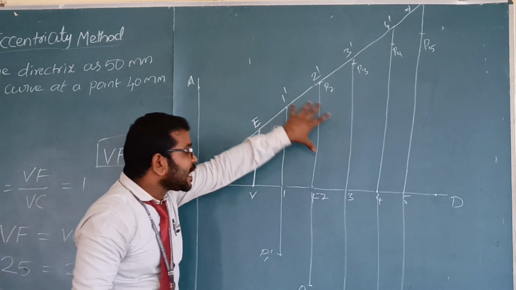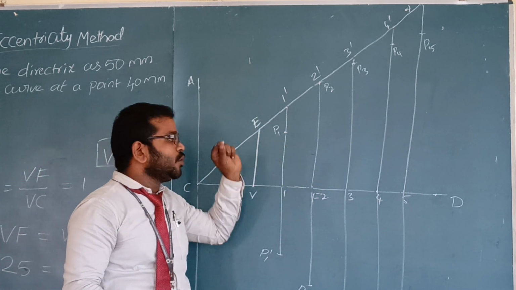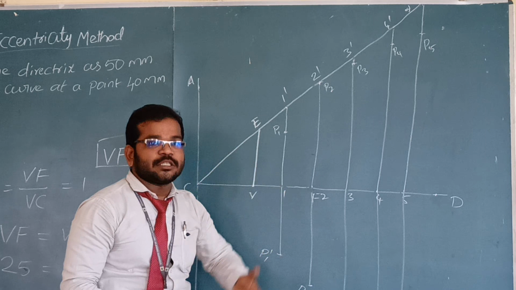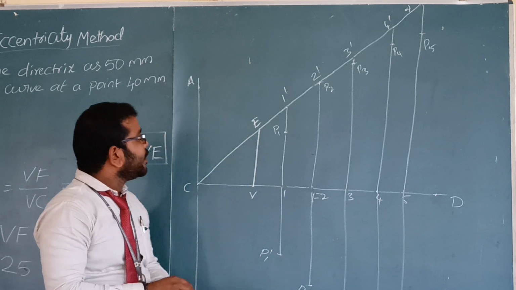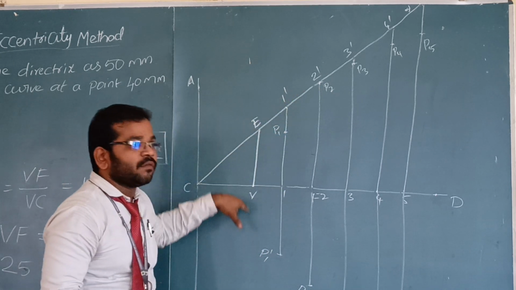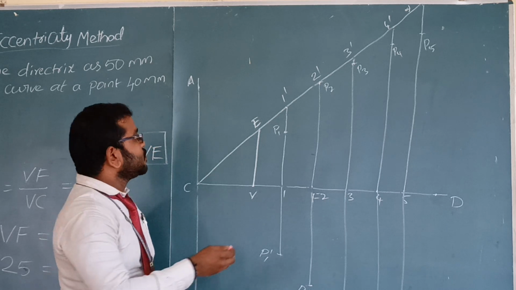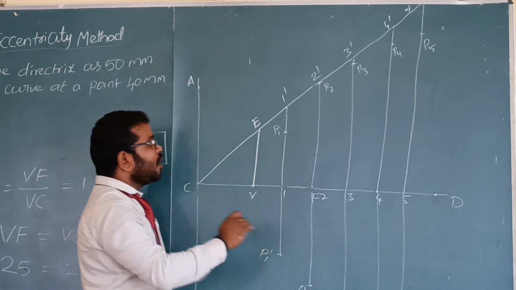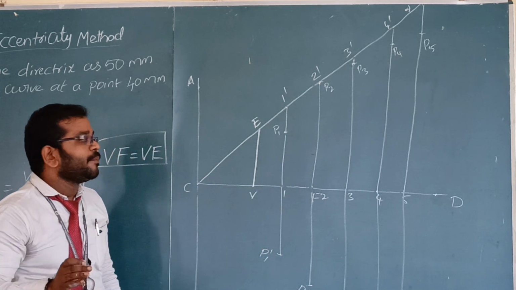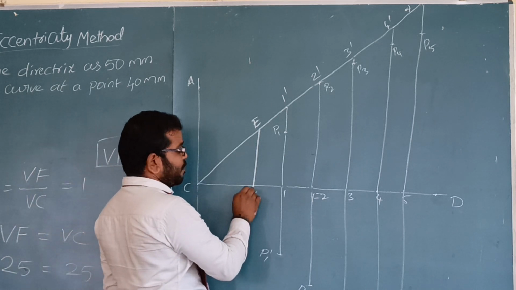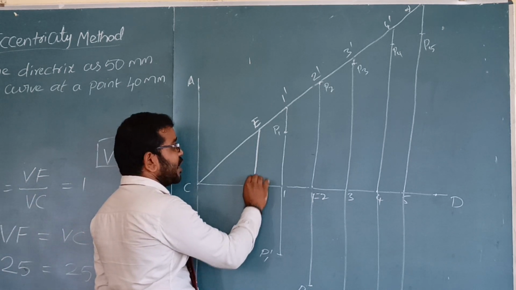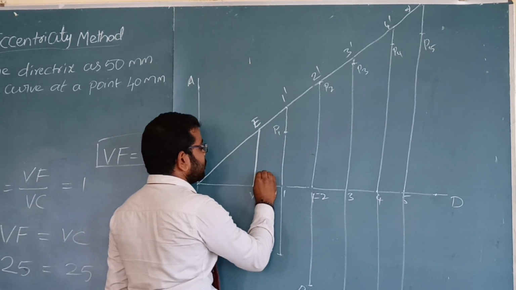These construction lines should be drawn only with the 2H pencil. Next, this parabola curve must be thick. From the vertex you can join all these points.